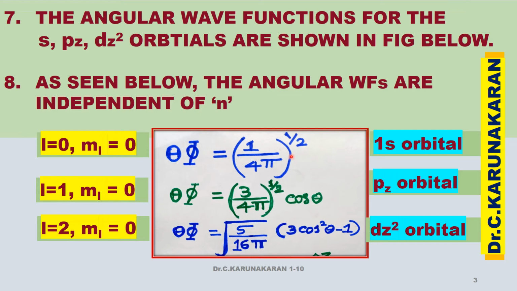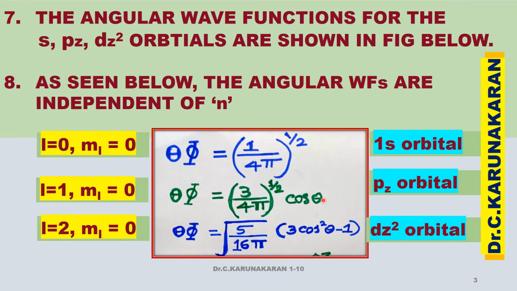For example, for the 1s orbital, L equal to 0, ML equal to 0, the angular wave function is represented by a mathematical equation. It is independent of theta: 1 by 4 pi square root. For the pz orbital, capital theta, capital phi equals square root of 3 by 4 pi into cos theta.